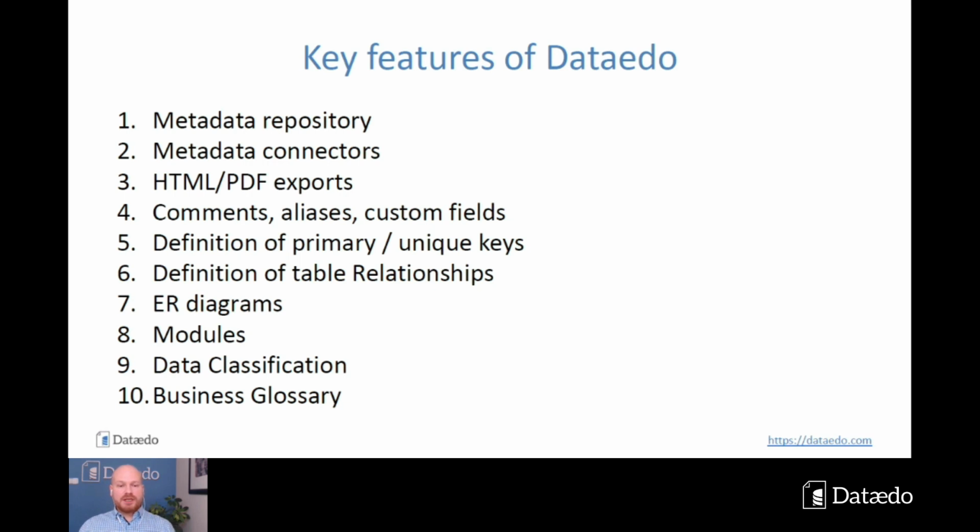Then we have a data classification feature. It's a sensitive data discovery and classification. So we scan the repository, the data dictionary, and we search for fields that seem to have personal information. We have two built-in functions.